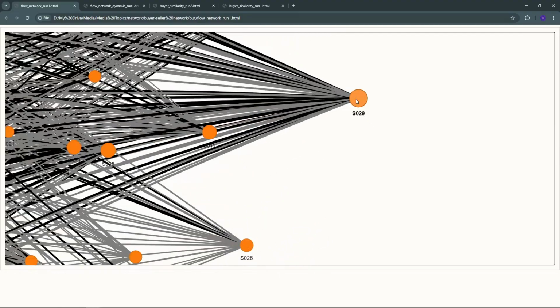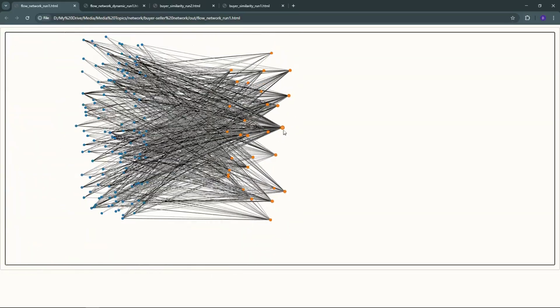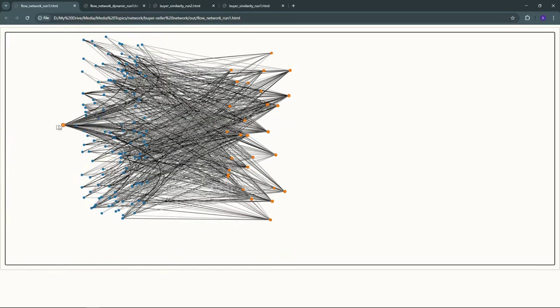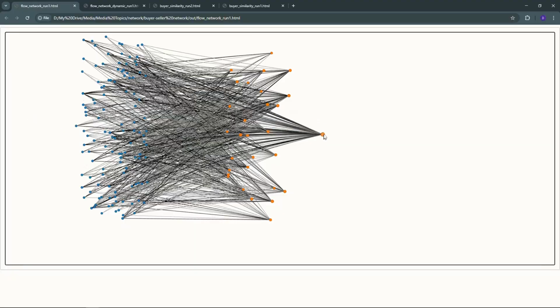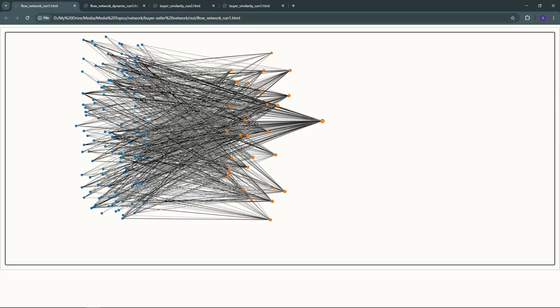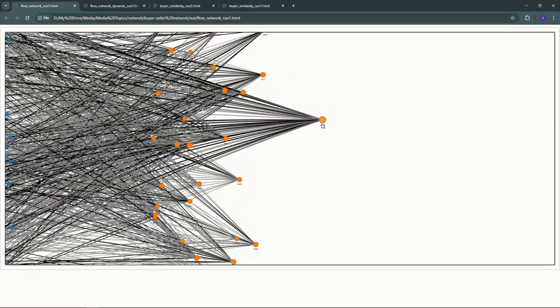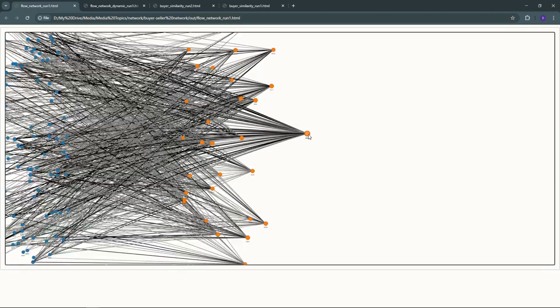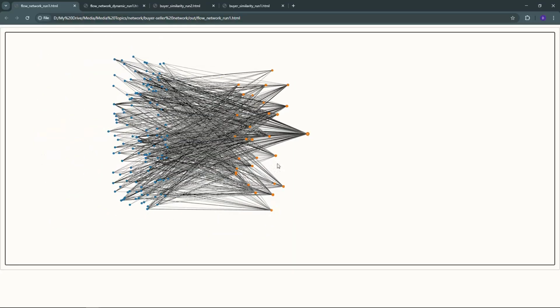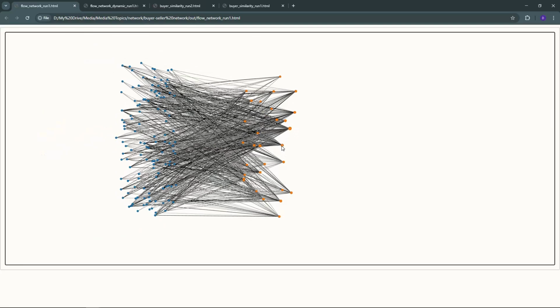This was the seller that was the hub with the highest PageRank centrality, but also because this one had deals with many buyers, and they themselves have deals with other parts of the network. This is also the node with the highest betweenness, that is brokering and connecting different parts of the network, interestingly.